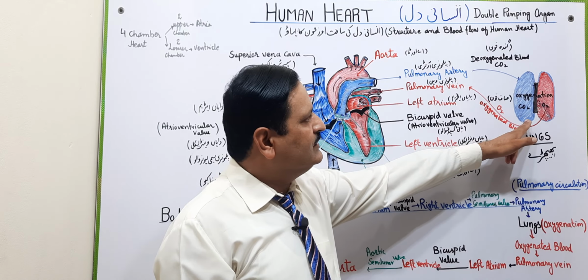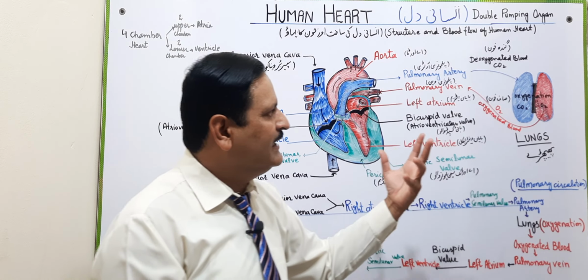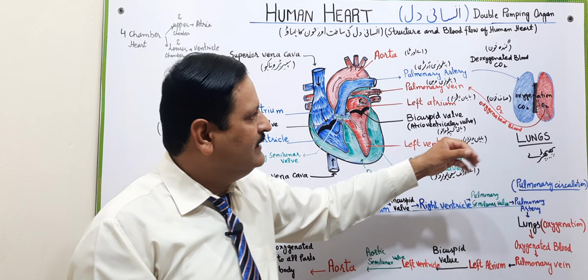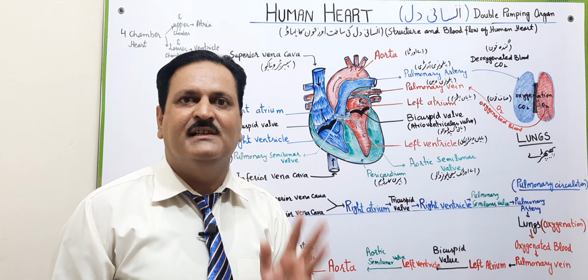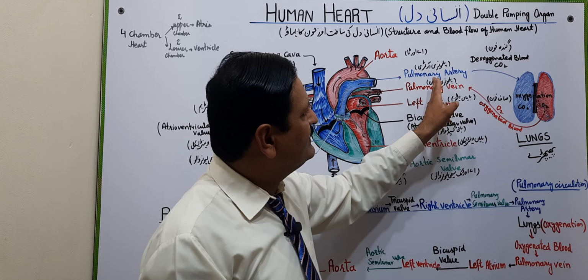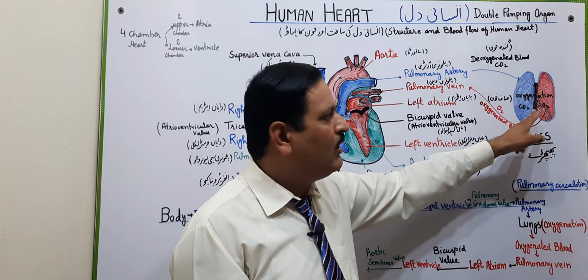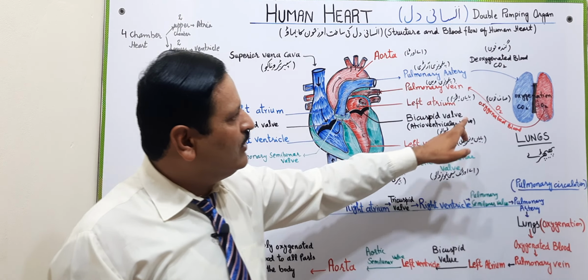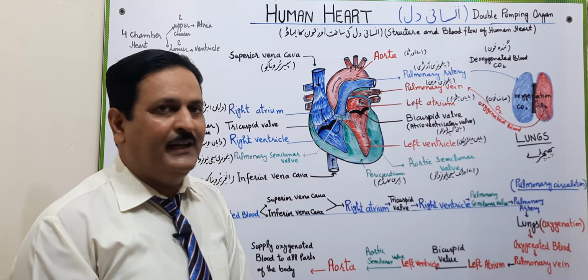In the lungs, blood is oxygenated. The blood which contains carbon dioxide is called deoxygenated blood, and the blood which contains oxygen is called oxygenated blood. In this way, the pulmonary artery carries deoxygenated blood, which is converted into oxygenated blood in the lungs, and then the oxygenated blood moves through the pulmonary vein.